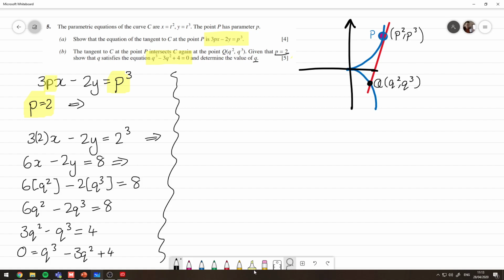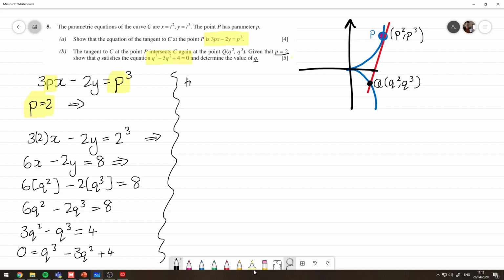How are we going to do that? It's a cubic equation, so I could do some sort of long division. I suppose we could just factorize it on the calculators if we're feeling lazy. I will include all the steps on here. I think that if I plug in 2 in this equation, it should be a factor, because I know the tangent crosses up here when p is 2.